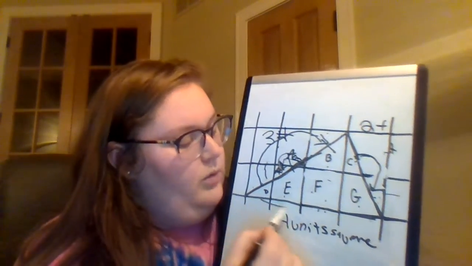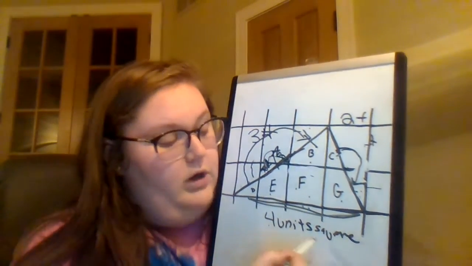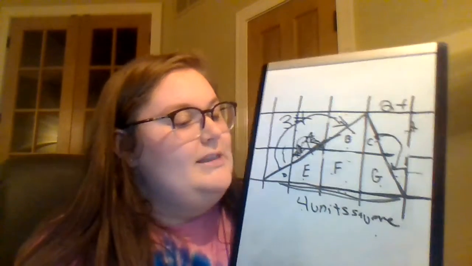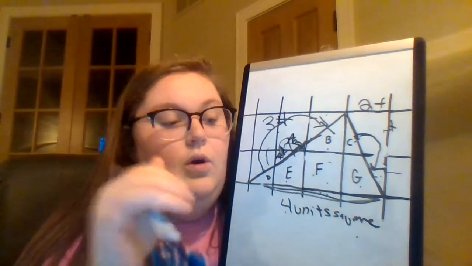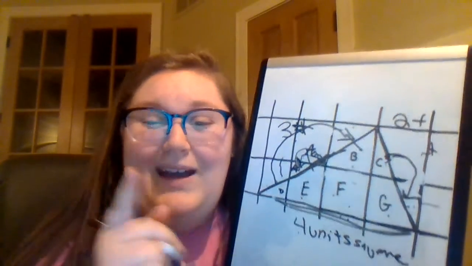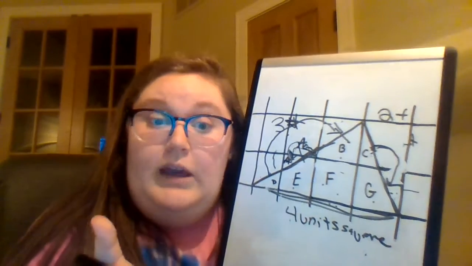And we already know this bottom part is 4 because we figured out our 4 units squared. Okay? So when we see that one side is a little more than 3 units, we just go, it's 3 plus. Because remember, we're estimating. It could be bigger, it could be smaller, right? Or it could be 3.